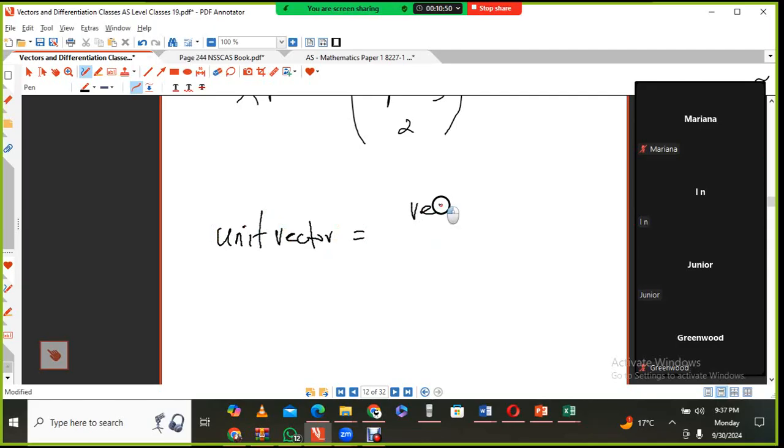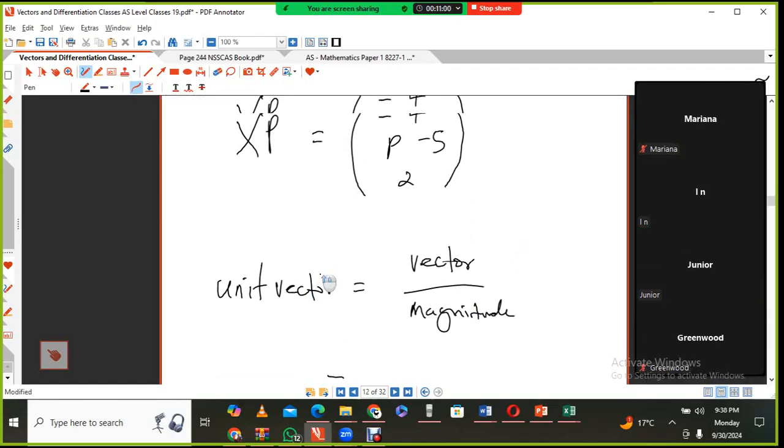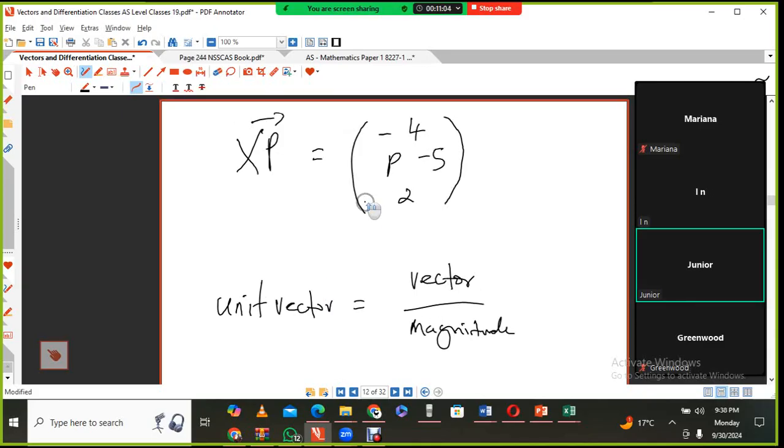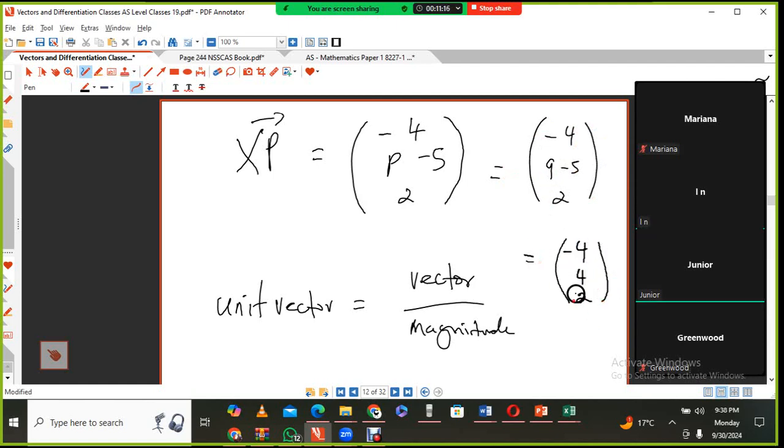You say the vector over the magnitude. So the vector of XP, I can put my 9 there. So basically it becomes negative 4, then 9 minus 5, then 2, which is negative 4, 4, 2. Are we together?